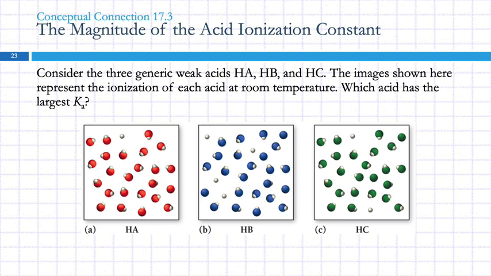Does a large Ka mean that more ionizes or less ionizes? More ionizes. Because Ka is the product concentrations divided by the reactants. So for K to be larger, we need more product, we need more ions. So which one of these has more ions in it? B.